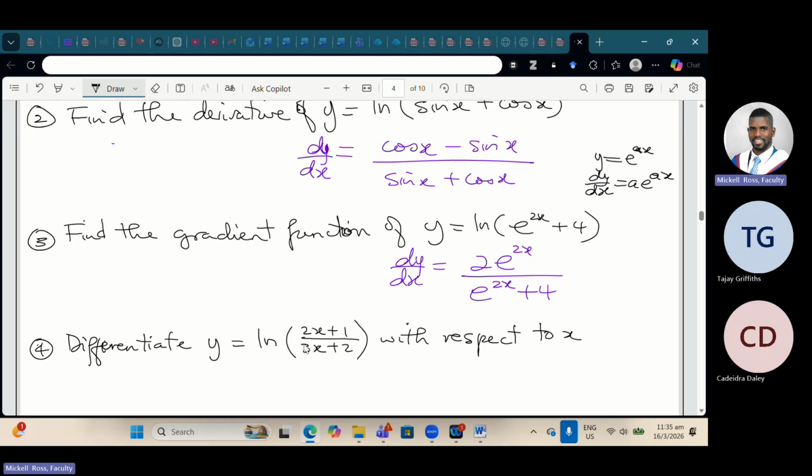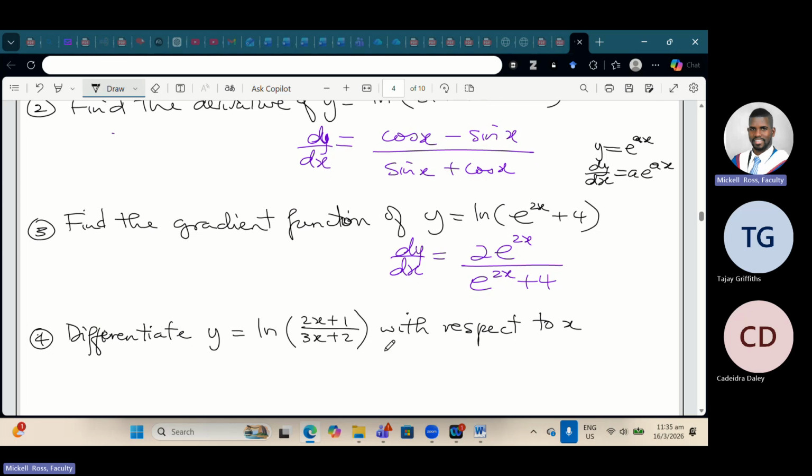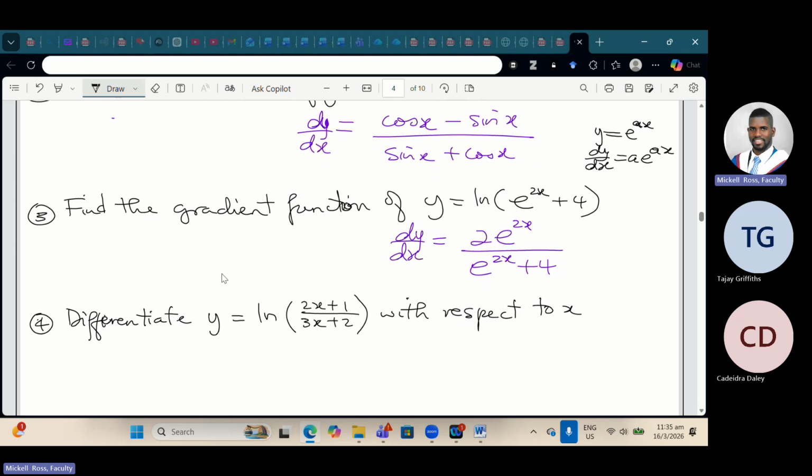So we are to differentiate this function with respect to x. Now, when we look at logs, remember the laws of logs. It says that if you have the log to base a of m over n, it is the same thing as log to base a of m minus log to base a of n.